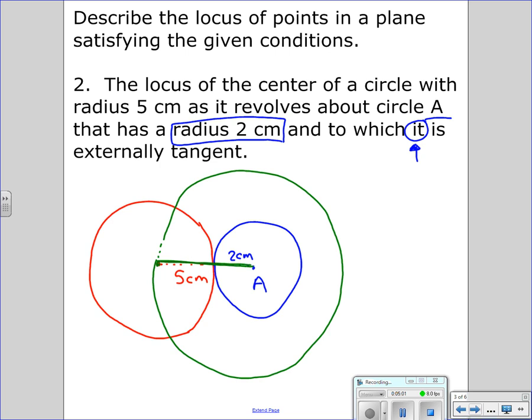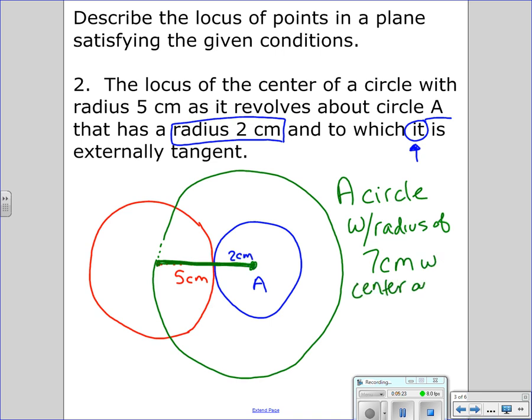That's going to be a circle with radius of, well, what's that whole radius? That whole radius is 5 plus 2, 7 centimeters, with the center at A. And I guess we're assuming that this is in the plane. And the book is a little bit more specific than I was.